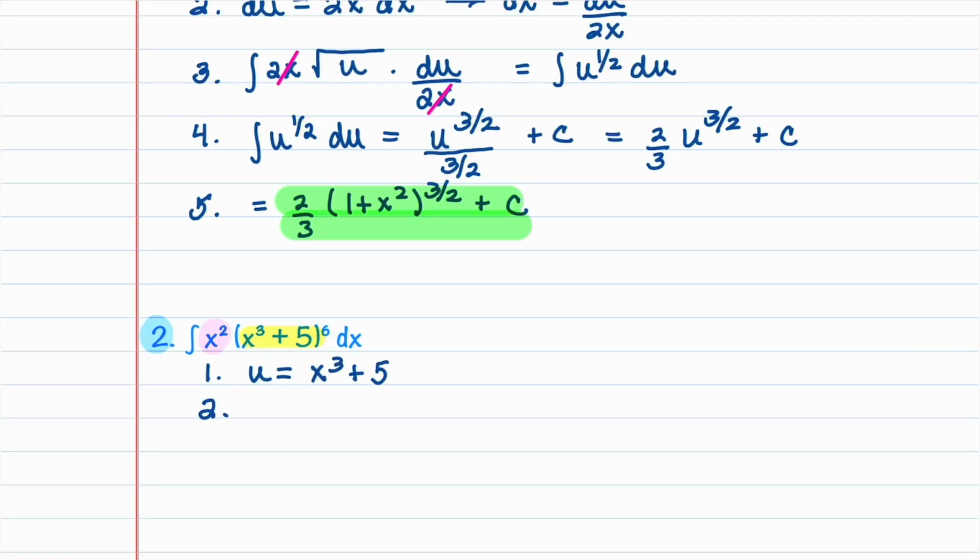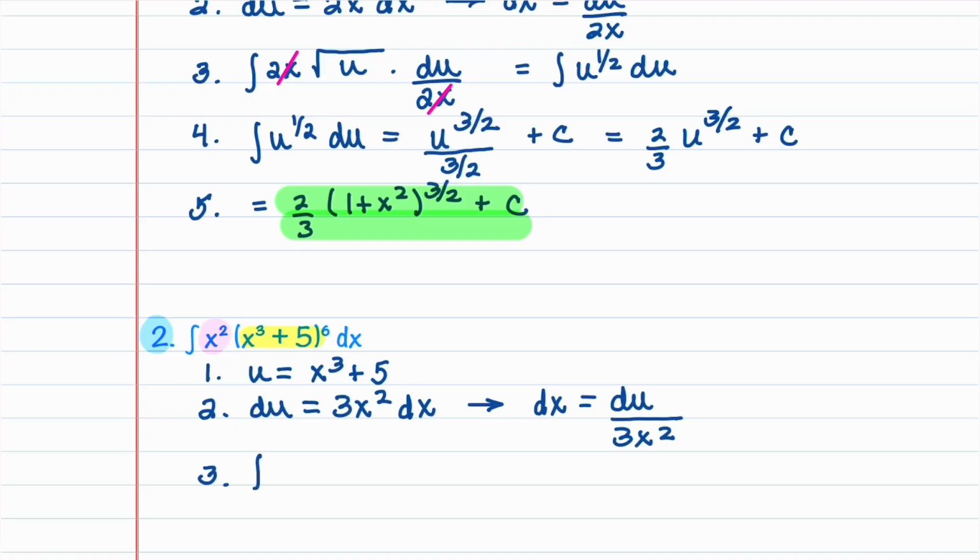And then our second step is to calculate du and solve for dx. du is 3x squared dx. And this means that dx is equal to du all divided by 3x squared. Now let's go ahead and substitute dx and u back up into our integral.